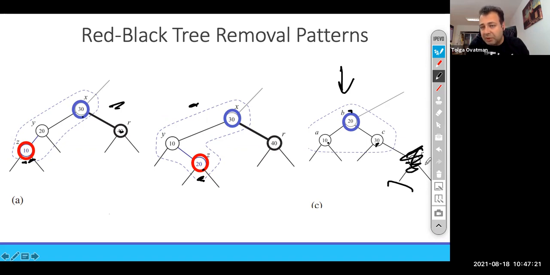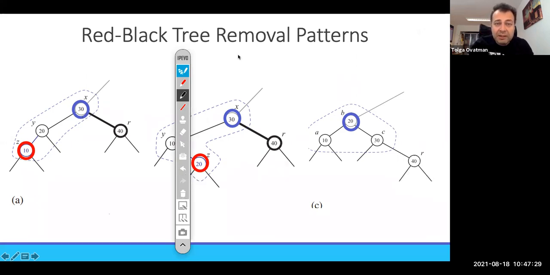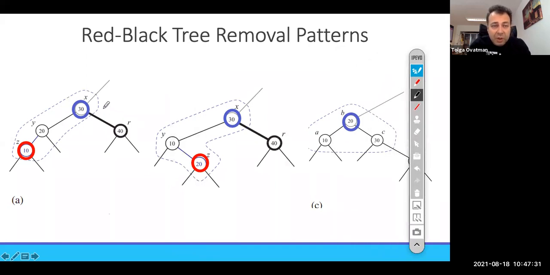So you do whatever you are going to do with the left and right children of 40, because these are going to change. So you see what we do in here is, since we know that the number of black nodes towards the root will be reduced by 1 if you go from here, we also reduce the number of black nodes on the left-hand side.